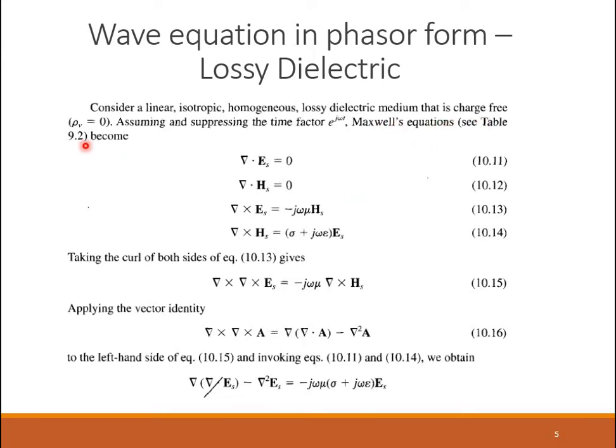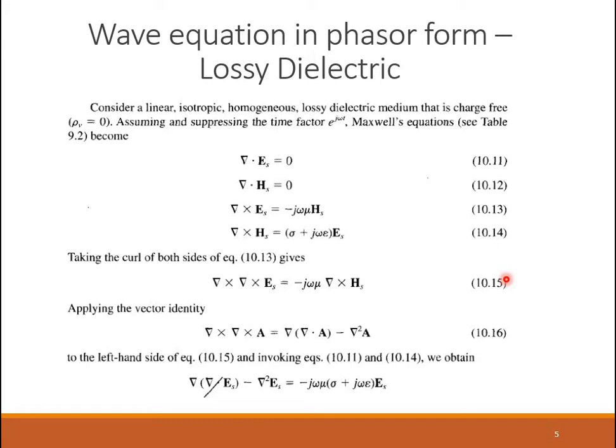Table 9.2, what they are referring to is, the table number may be different in the new edition of Sadiku. So please look up accordingly and go through those equations. Equations 10.11 to 10.14 are Maxwell's equations in phasor form.